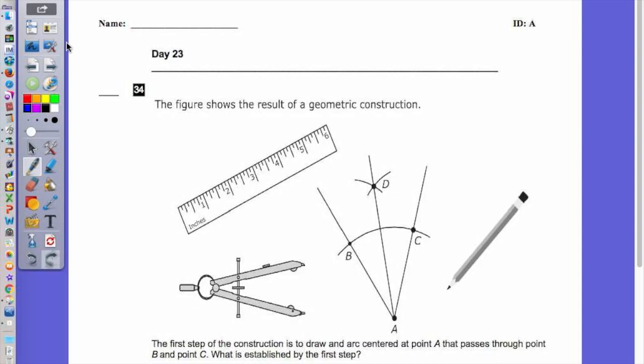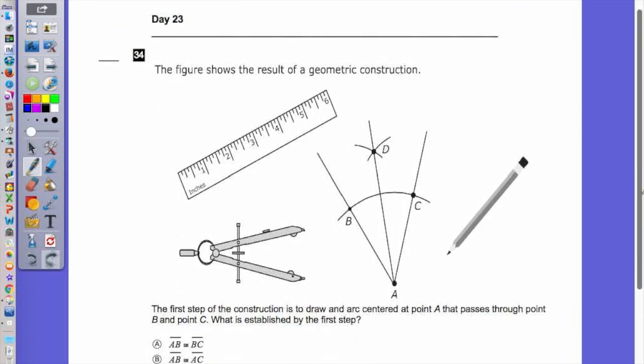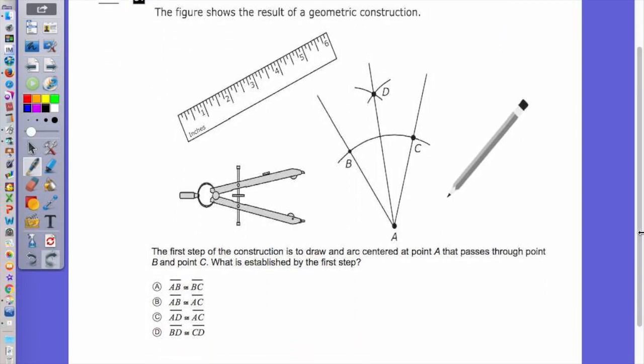Okay. Number 34. The figure shows the results of a geometric construction. The first step of the construction is to draw an arc centered at point A that passes through points B and C. So when you do that, what do you actually create?